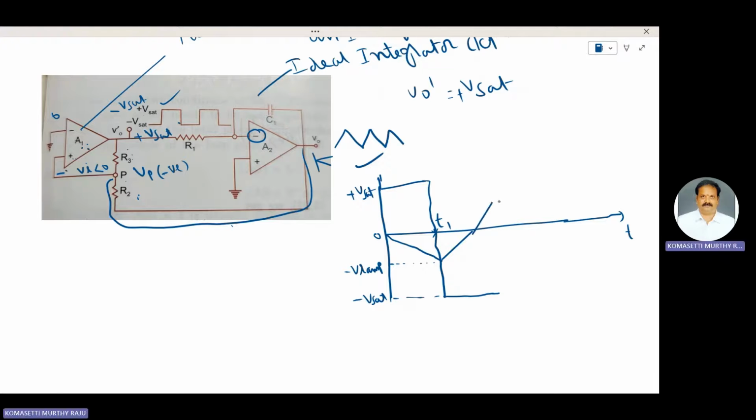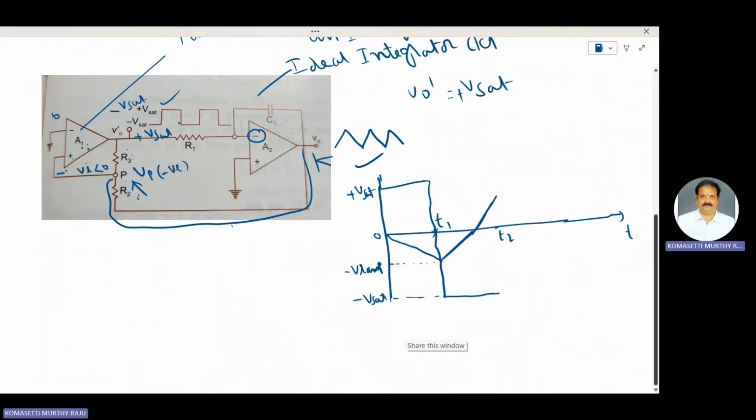At that instant, T is equal to T2. The voltage at point P becomes just above 0.